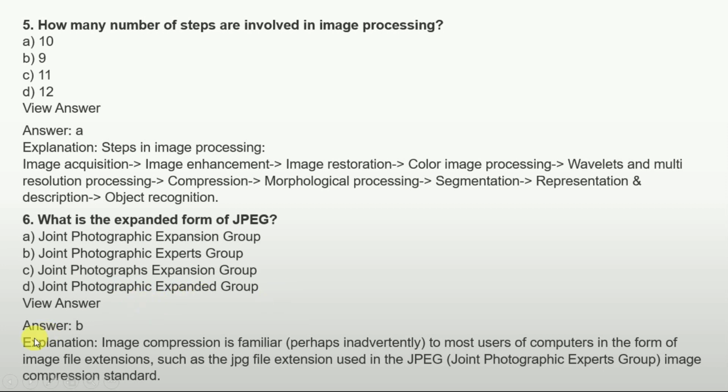The answer is B, joint photographic experts group. In the explanation, image compression is familiar perhaps to most computer users in the form of image file extensions such as the JPG file extension used in JPEG, that is Joint Photographic Experts Group.